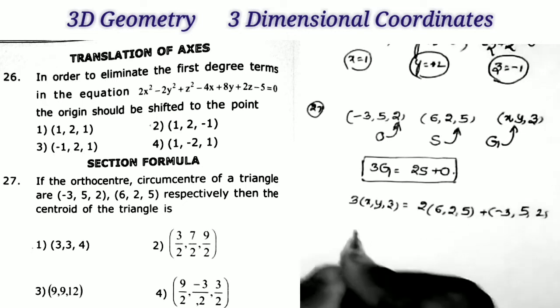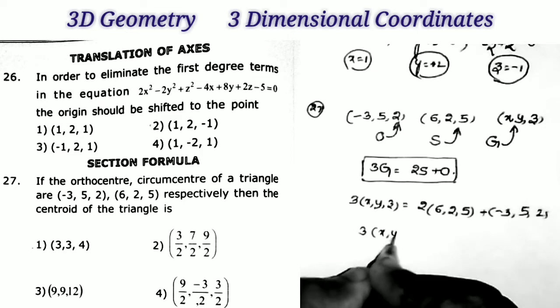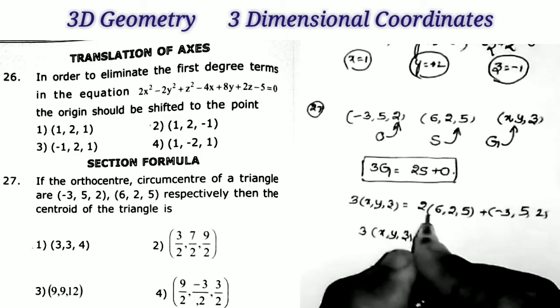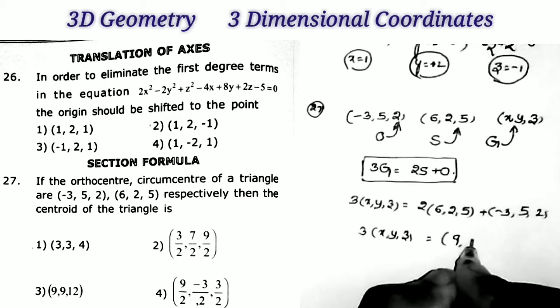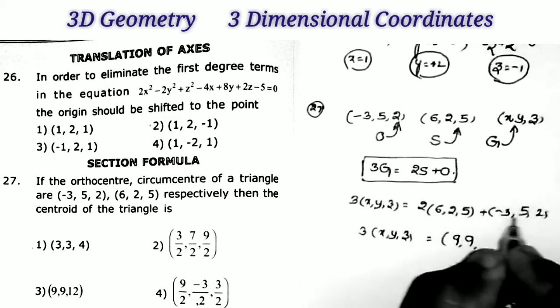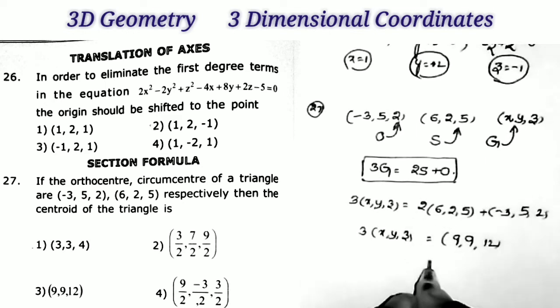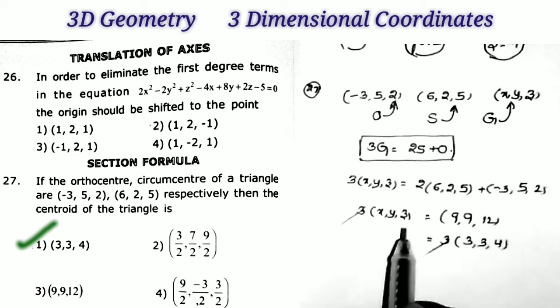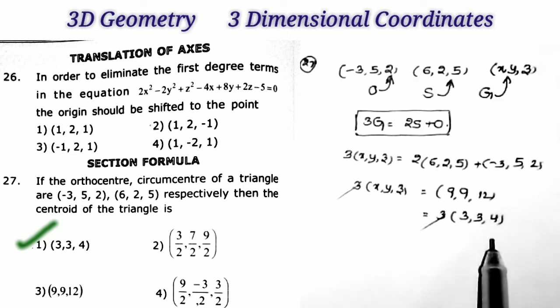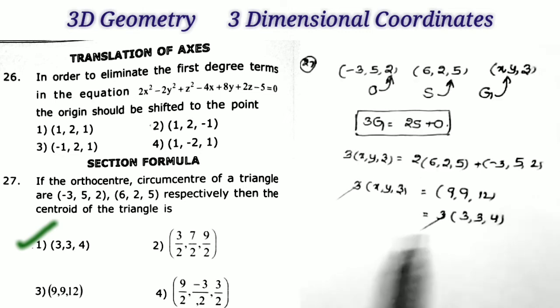That is, 12 minus 3 is 9, 4 plus 5 is 9, 10 plus 2 is 12. So taking 3 common, we get 3 of (3, 3, 4). Therefore, the centroid (x, y, z) is equal to (3, 3, 4). That's all. Very easy, and that is the first option.